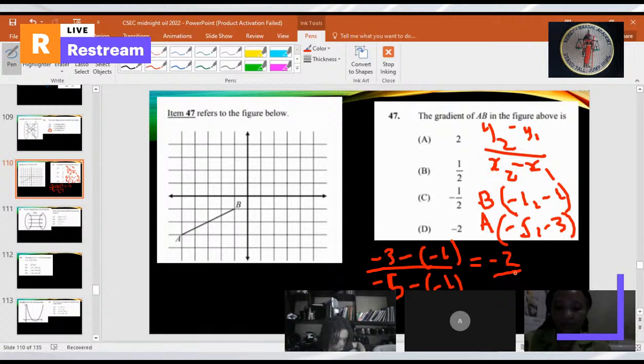That's 1/2, yes, miss. Or it is the change in y, which is 2, over the change in x, which is 4. So that's a half.